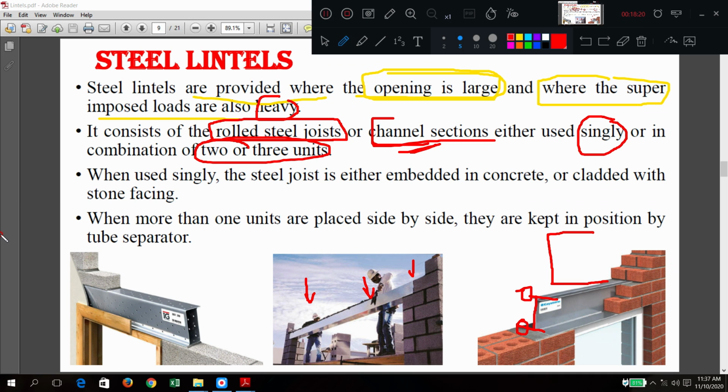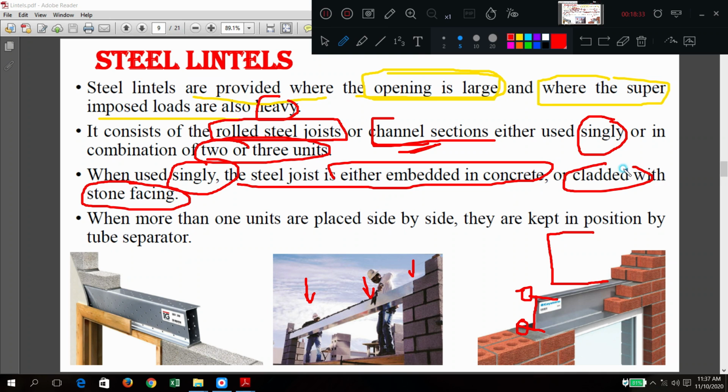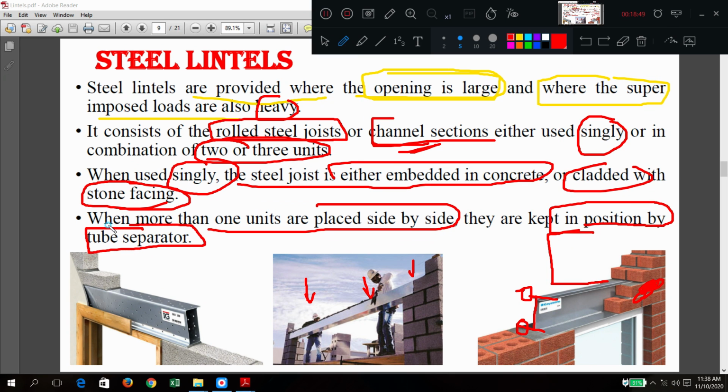If the width of the wall is very wide, then we can go for multiple I sections. So when used singly, steel joist is embedded in concrete or covered with stone facing. Cladding is nothing but covering. How they are covering here? Using stone or brick or concrete. When more than one unit is placed, then it is positioned by, we have seen, tube separators. We call it as tube separators.